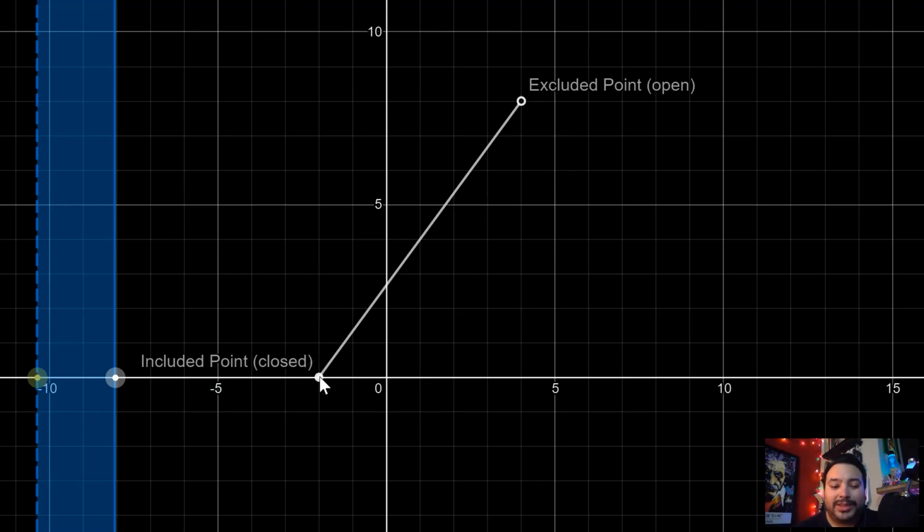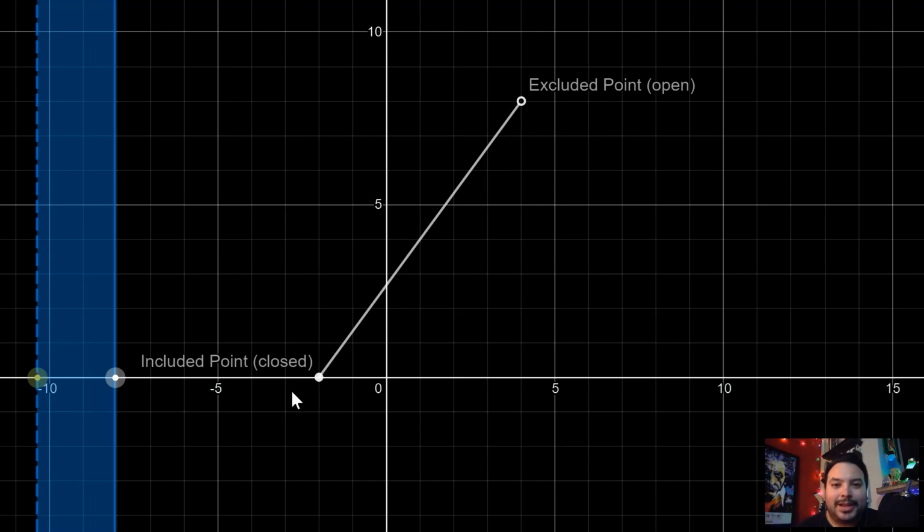A closed point is what we call an included point. What that means is that it's actually a part of the graph and the function overall. The excluded point, however, is kind of the opposite. It is not a part of the graph as a whole or the function. It is represented on the graph by an open point, but it doesn't mean it's actually a part of the graph.